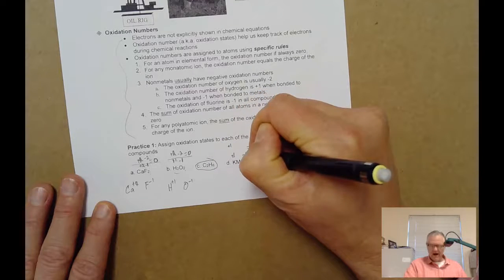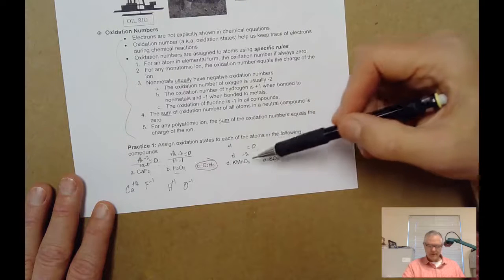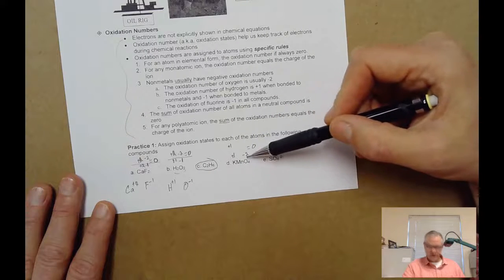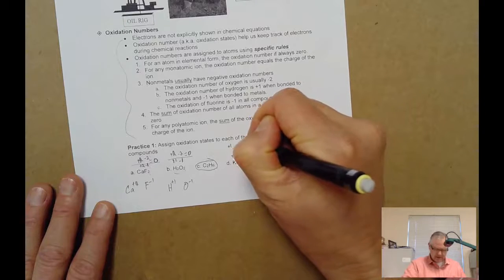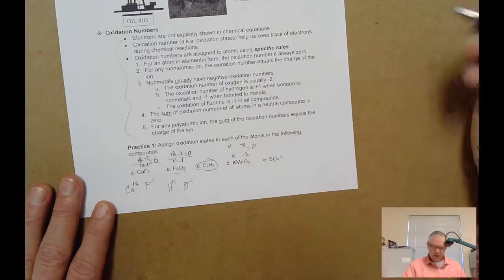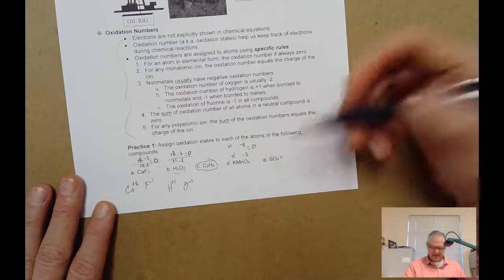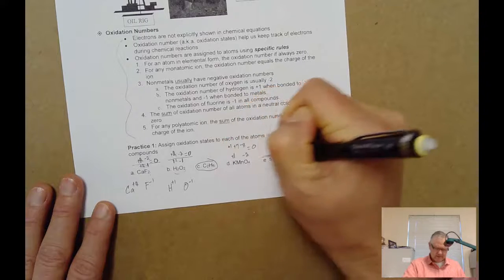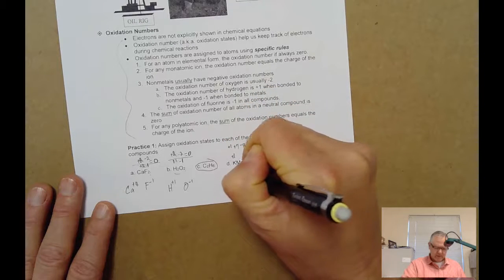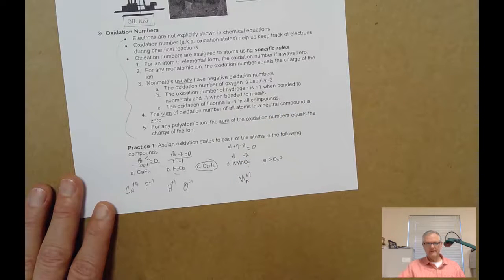The oxygen is not by itself like over here, so it has to take its original -2 charge like we always would assume. So that's going to be -8. So what can I add to 1 and -8 to get 0? The answer is +7. So in this one, my Mn has a charge of +7.